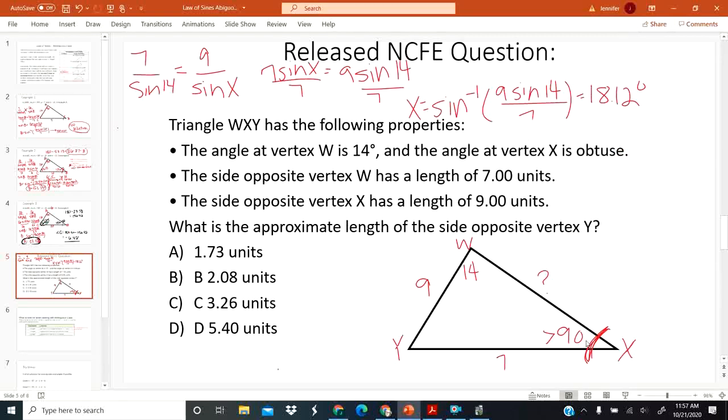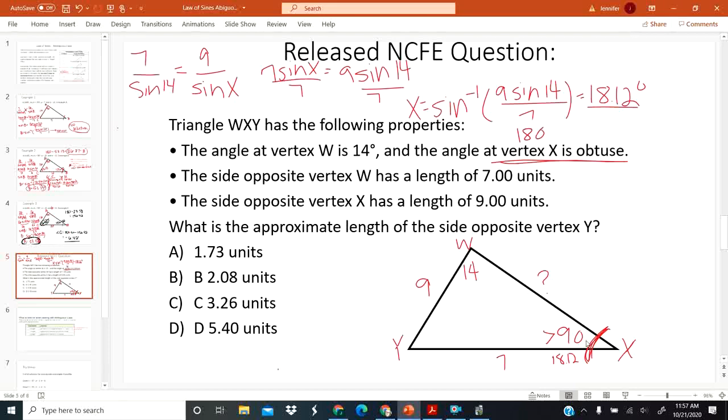So then this is where we're going to run into our issue, is we got the angle X is 18.12. But according to our description, vertex X is obtuse. So that means it needs to be greater than 90. So 18.12 obviously is not greater than 90. So what I want to go back and look at is the supplement of our 18.12.